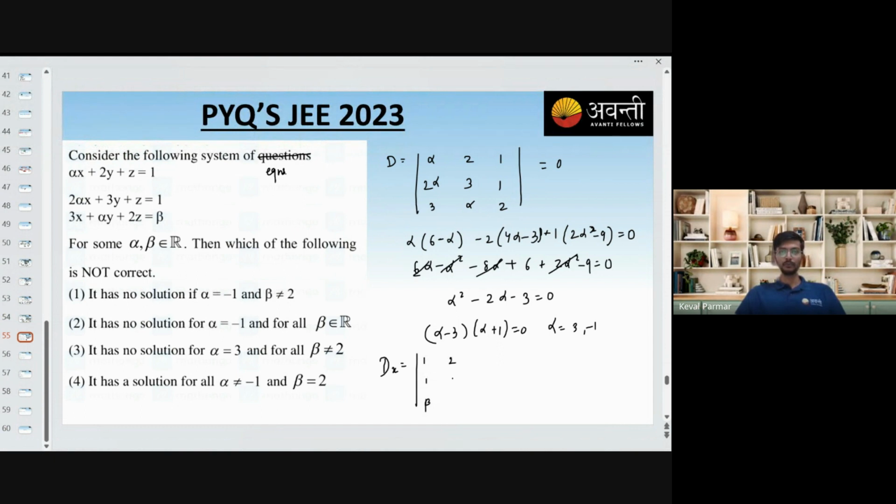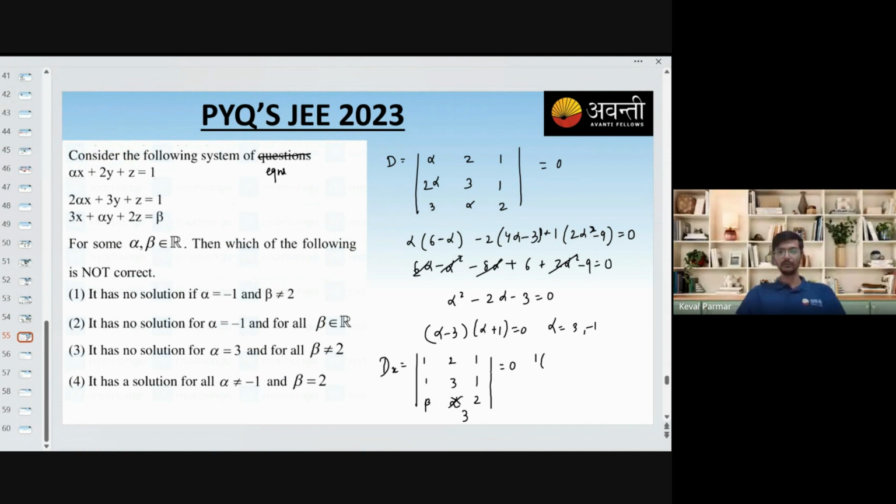Here will be 2 3 alpha. Now we can substitute the value of alpha. Am I writing correct? 1 beta, 2 3 alpha, 1 2. Yeah. If I substitute 3, this is equal to 0.